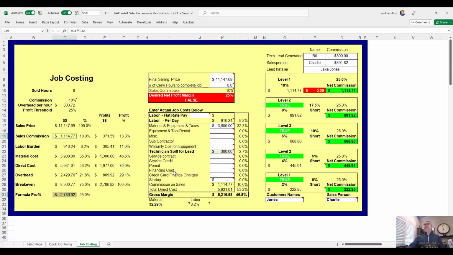And I don't want to give the incentive to a salesperson to drop his drawers, okay, for whatever reason. Let's just say $2,700. He drops $2,700 off of this job. Well, he ended up with $222.